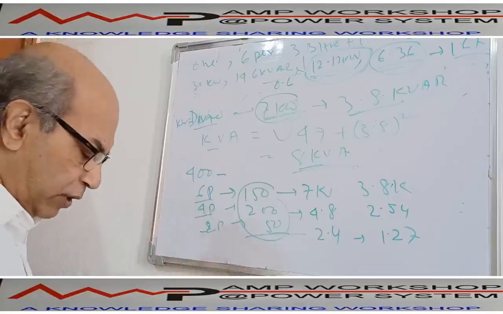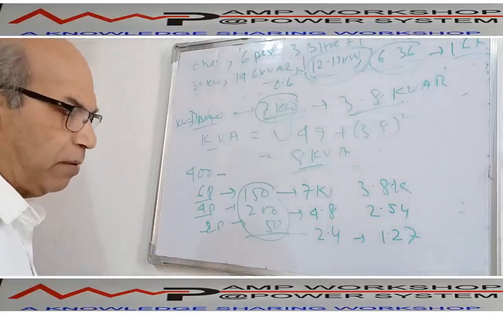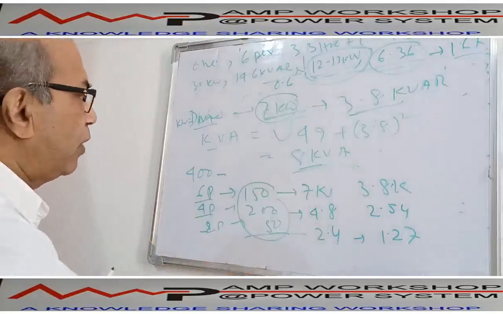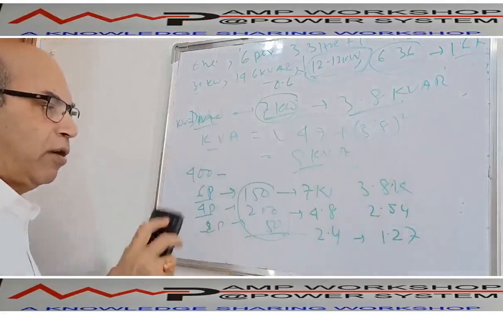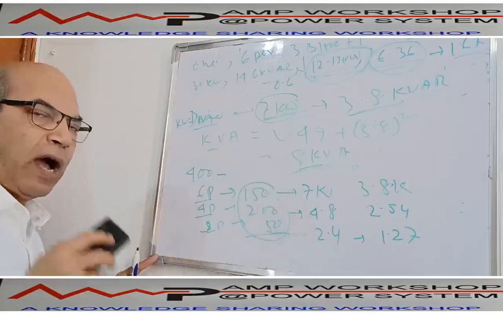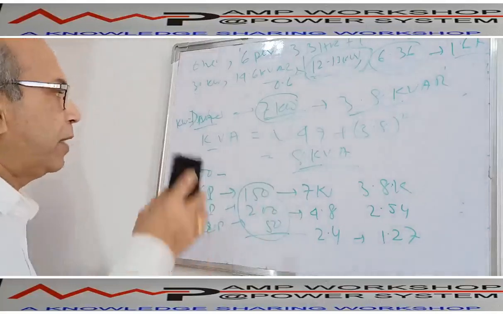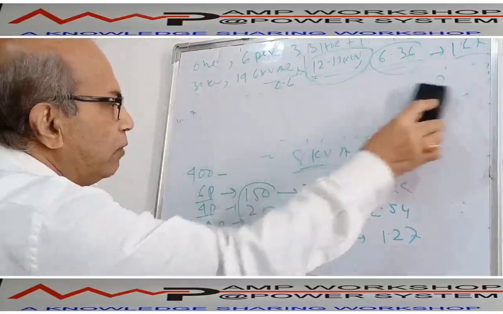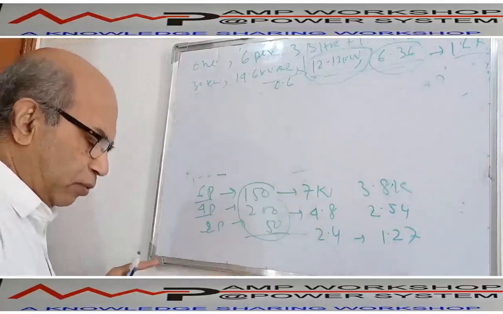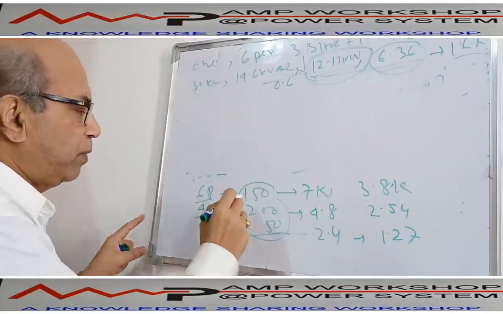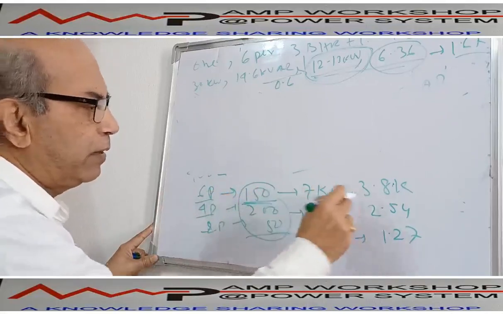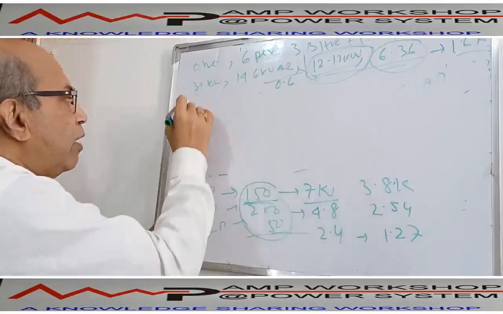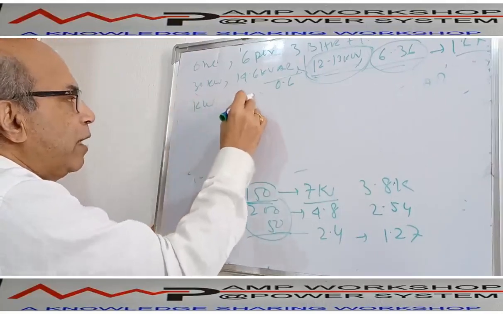So if we use this calculation this way, now we can come back to how much total kilowatt is required for each type of apartment, and how much total kVAR. So out of 400 apartments, 150 apartments require at this rate.